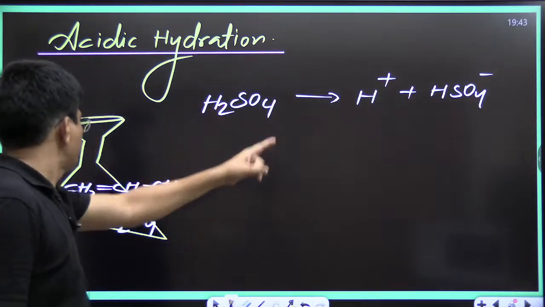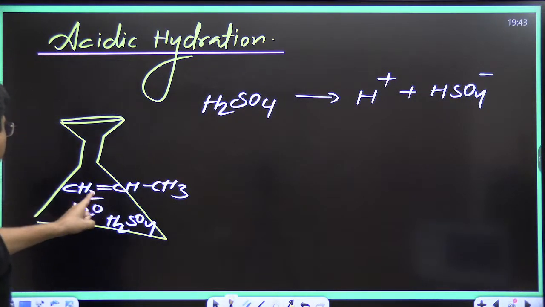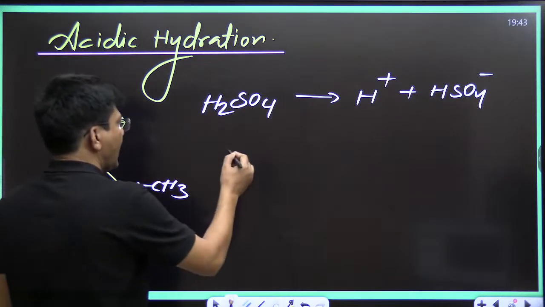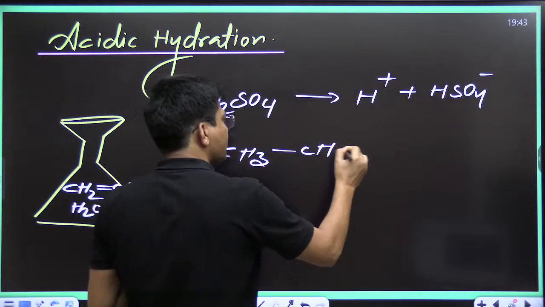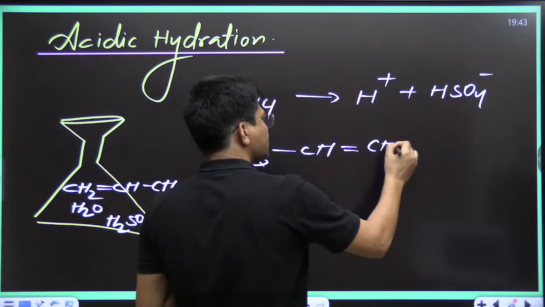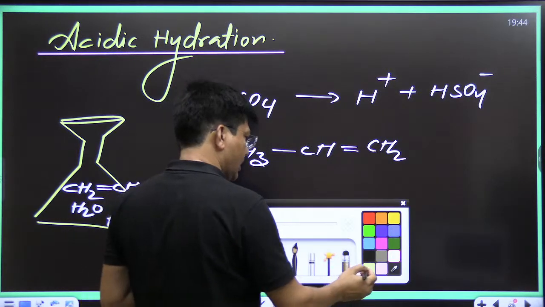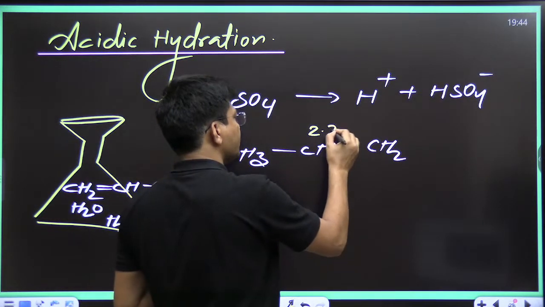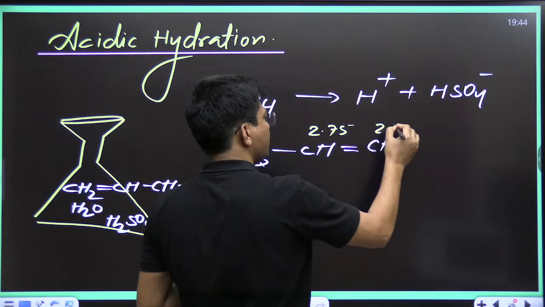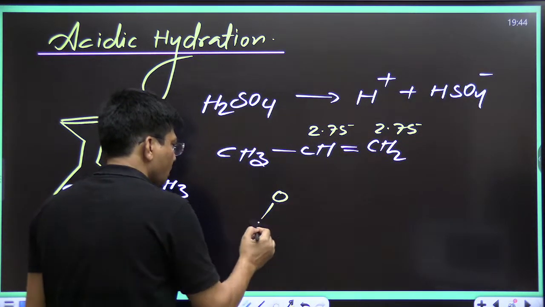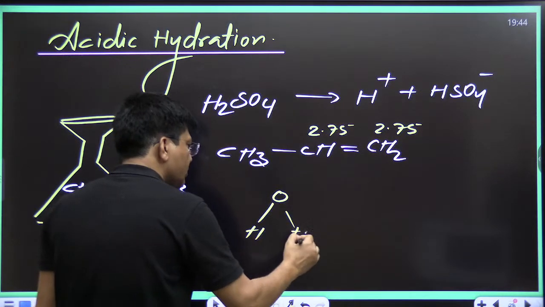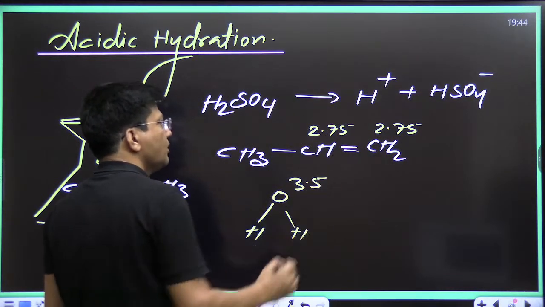Now, this H plus will attack on this alkene or water. Just see, the alkene carbon's electronegativity is 2.75 because it is sp2 hybridized, and H2O's oxygen electronegativity is 3.5.